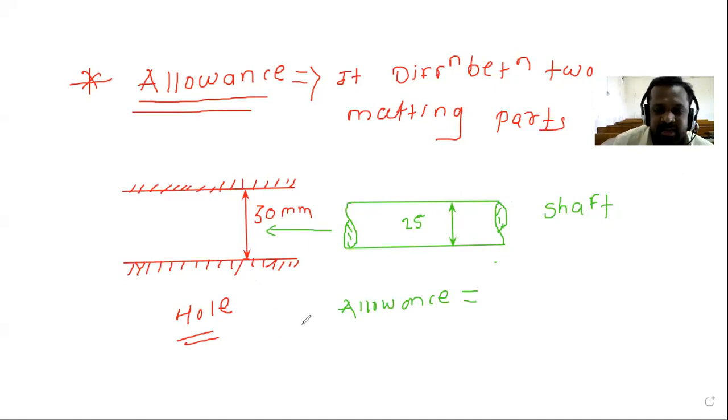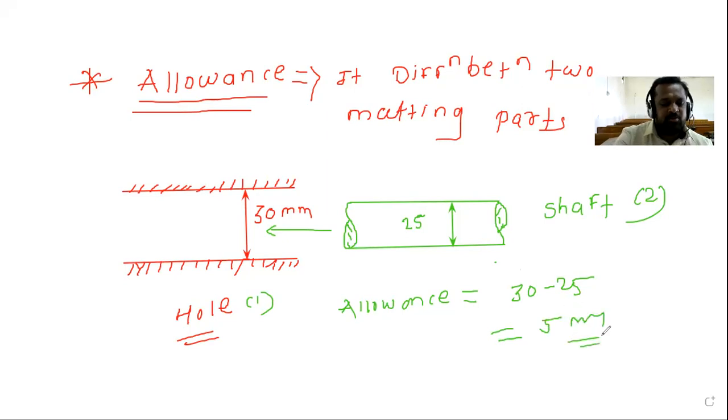Allowance is the difference between two mating parts. The hole is one mating part, and the shaft is the second mating part. The sizes of the two parts are 30 and 25, so it is 30 minus 25. Then the allowance will be 5.